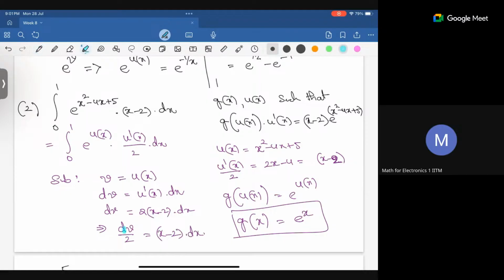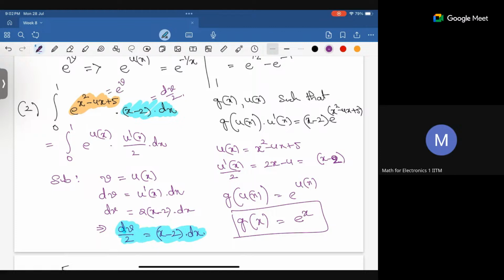So now we got x minus 2 into dx as dv by 2, and everything else sorted. This will be e power x square minus 4x plus 5, which is e power v.